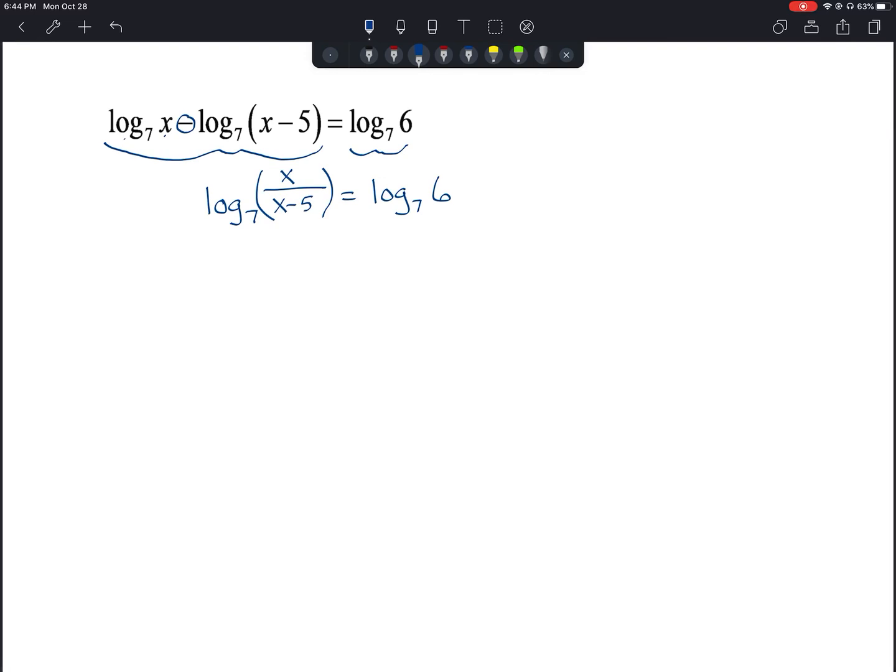And now that we have them written here, each with the same log base, we can pretty much cancel the logs out, and we will just focus on the values. So x over x minus 5 is going to equal 6, and we'll treat it like it's a proportion. Let's cross multiply. So we've got x times 1 should equal 6 times the quantity x minus 5.